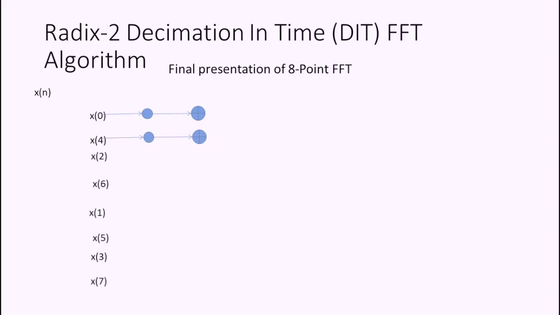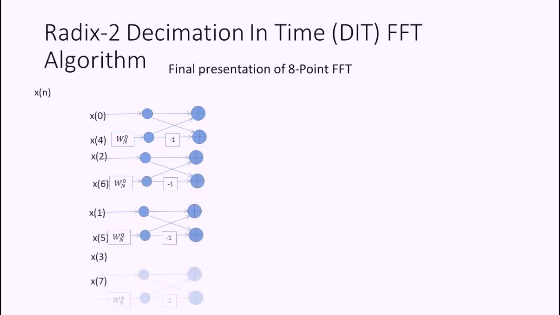Here first we compute the 2-point DFT between x0 and x4. Same for x2 and x6, x1 and x5, and x3 and x7.